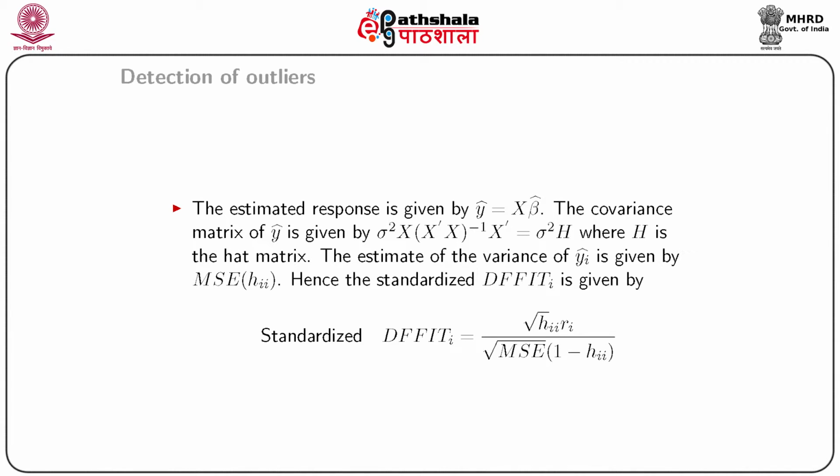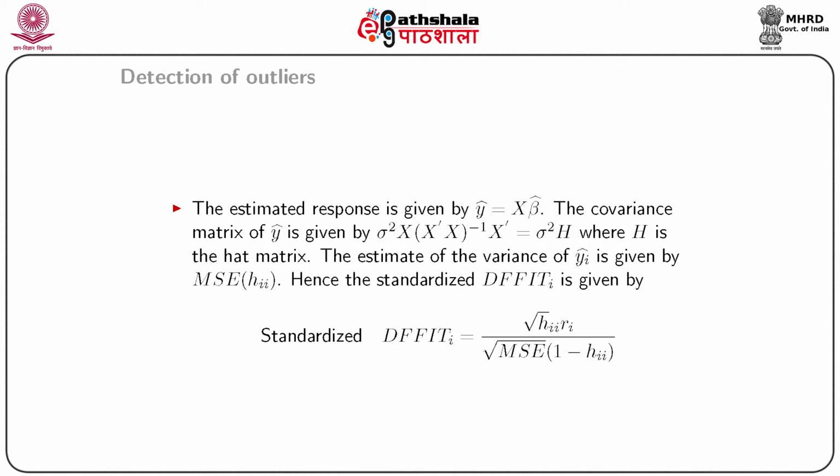Similarly, we can also find standardized DFFITS. The estimated response is given by y hat equals X times beta hat, and the covariance matrix of y hat is given by sigma square times X (X prime X) inverse X prime. We can write X (X prime X) inverse X prime as H, where H is the hat matrix.